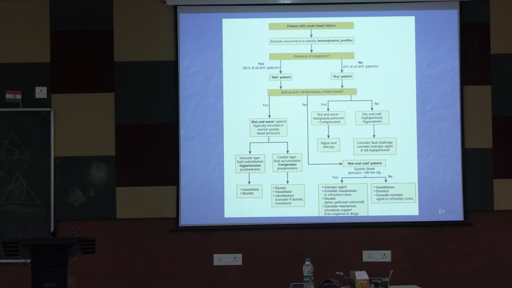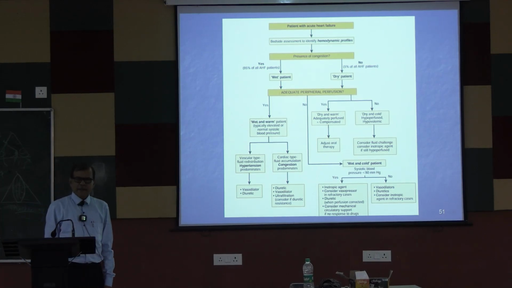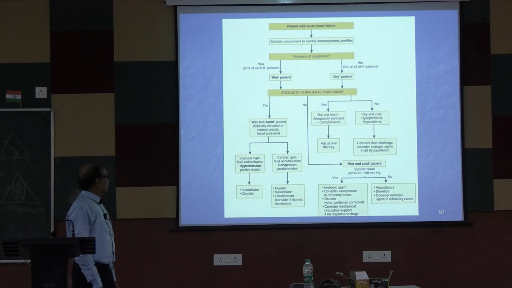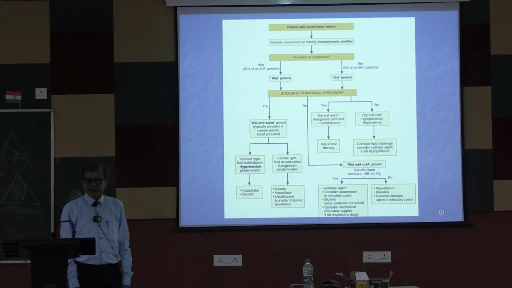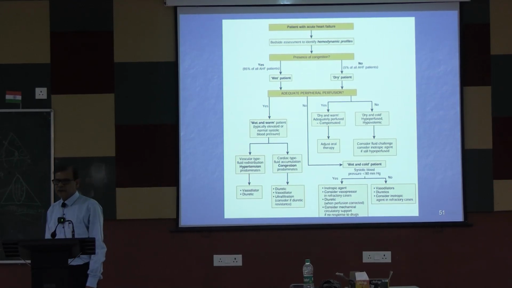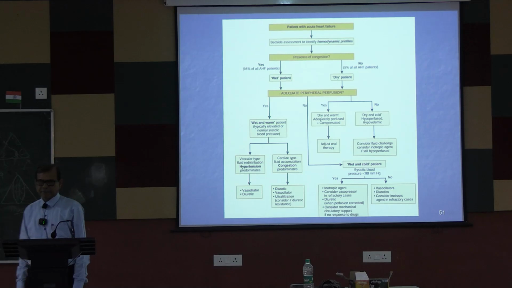On the other hand, absence of congestion means the dry subset that constitutes about 5% of all acute heart failure patients. Now search for the presence or absence of adequate peripheral perfusion.